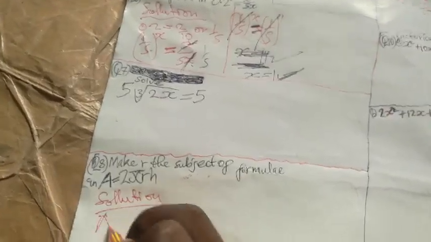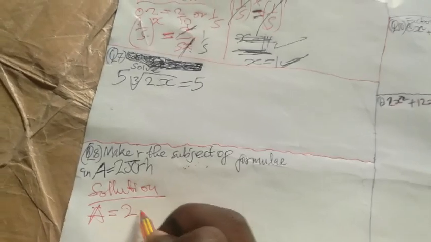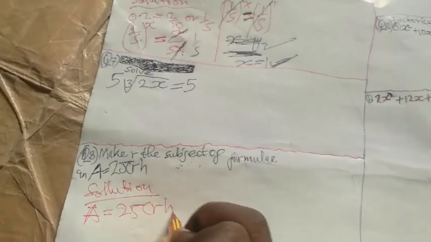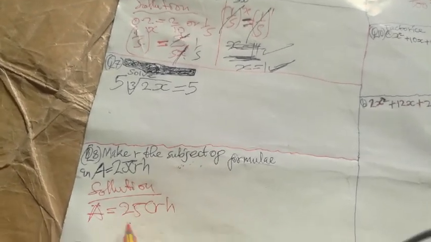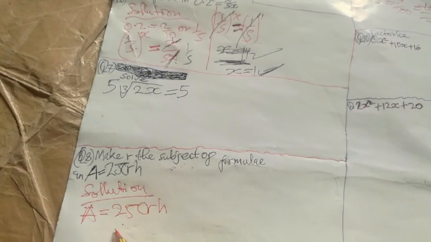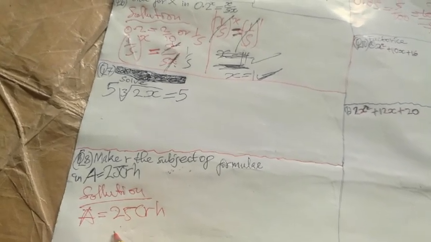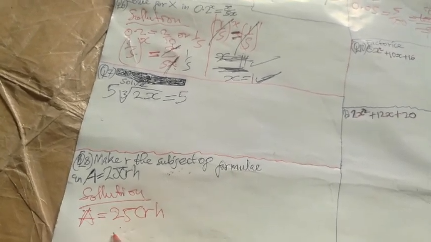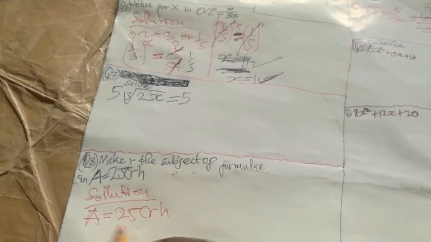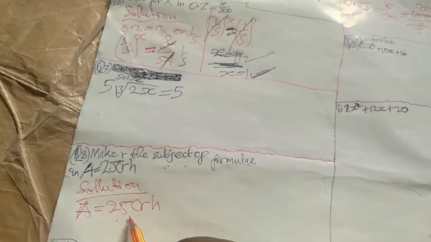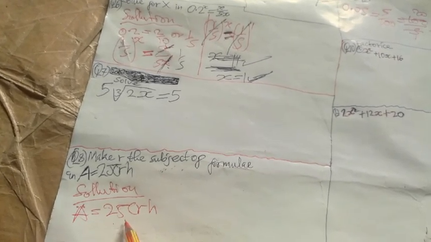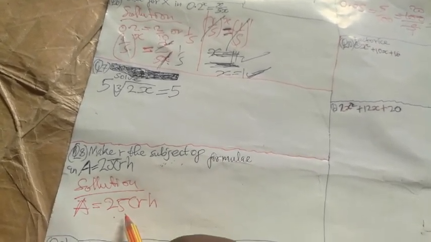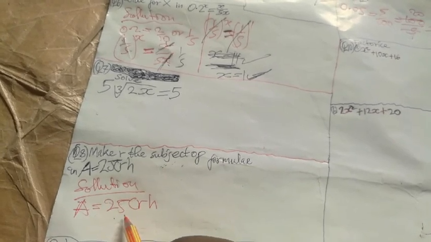Hence, if A is the same as 2 pi r h, and we are asked to make r the subject, you make sure you eliminate anything that is with r on the right hand side of the equation by dividing by the unwanted values on both sides.